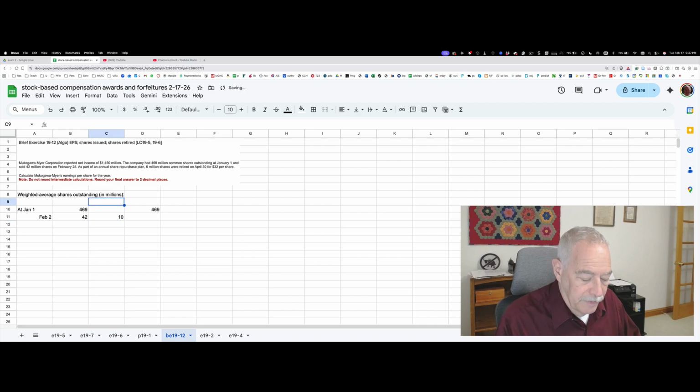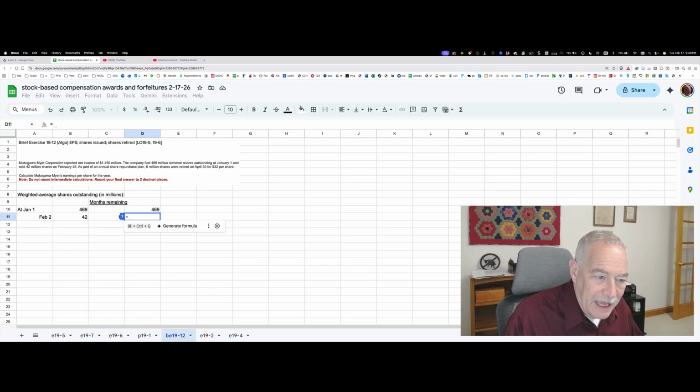And this is months remaining in the year. Well, let's put an underline there. And so what we're going to do is weight that. We're going to take the 42 times 10 divided by 12.